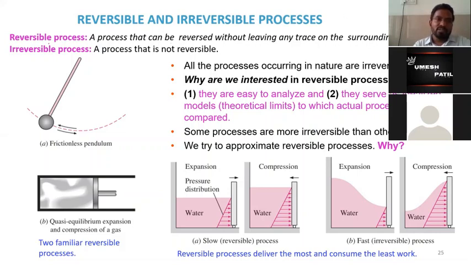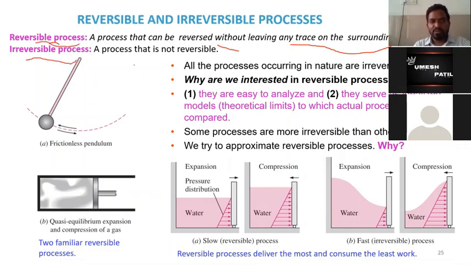A reversible process is a process that can be reversed without leaving any trace on the surroundings. That means if the process occurs in one direction, its surroundings also change. If the process returns to its initial state, the surroundings should also return to their original state. Then there will not be any evidence of that process, and such a process is called a reversible process.